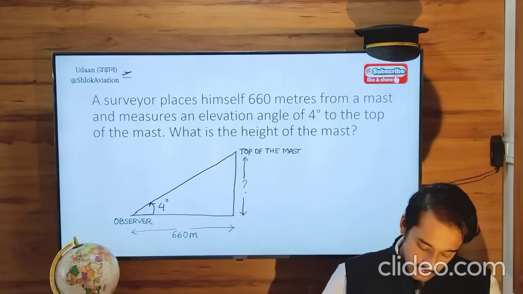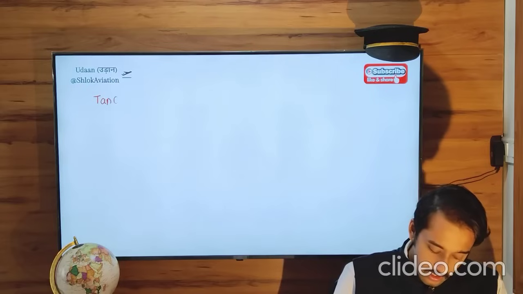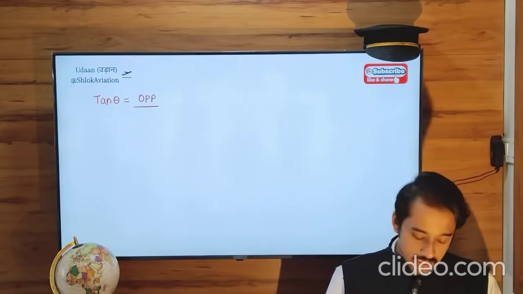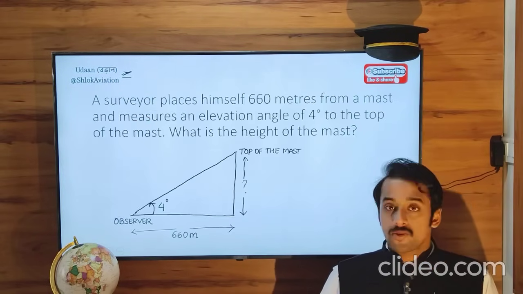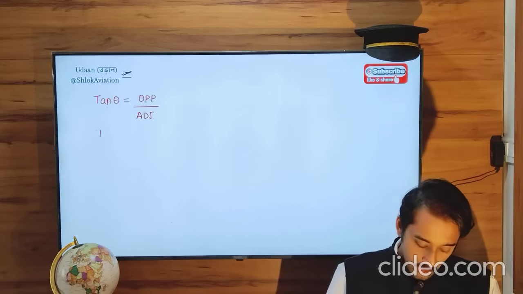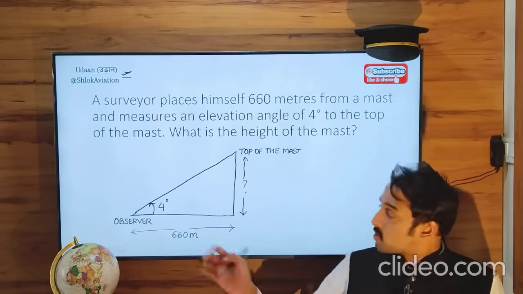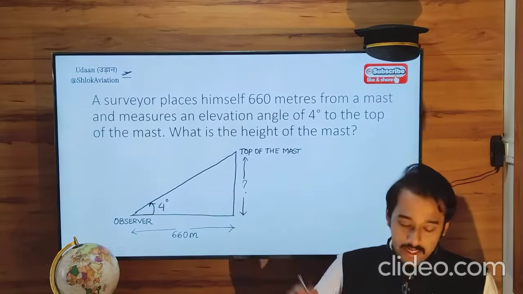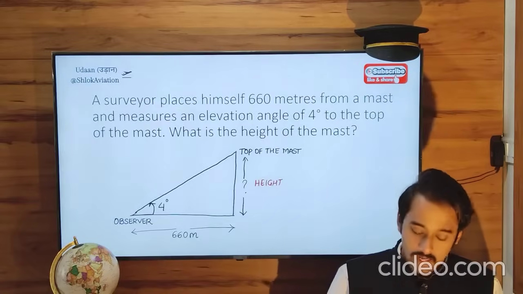So let's use the tan formula. Using tan formula, tan theta is the opposite side of the triangle divided by the adjacent side. Now theta is 4 degrees, so tan 4. The opposite side of the 4 degree angle is this height, which we have to find out.